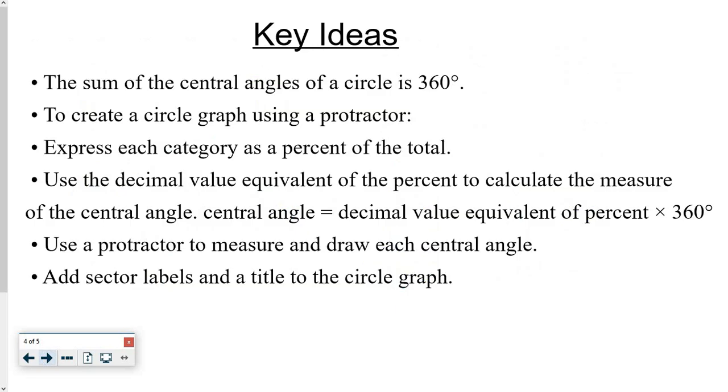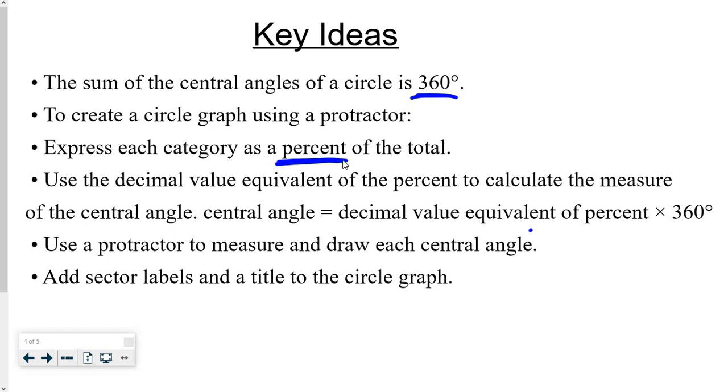So the key idea is the sum of the central angles equals 360 degrees. To create the circle graph, use a protractor, express each category as a percent of the total, and use the decimal value equivalent to the percent to calculate the measure of the central angle, which is what we did in the last one.